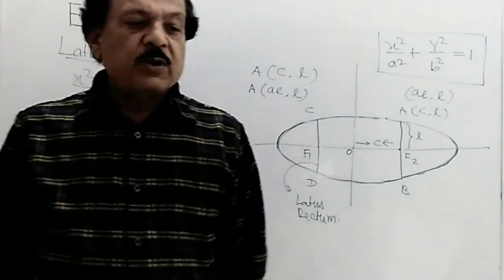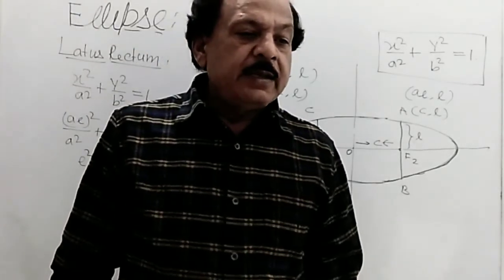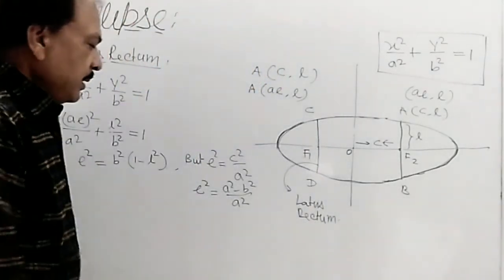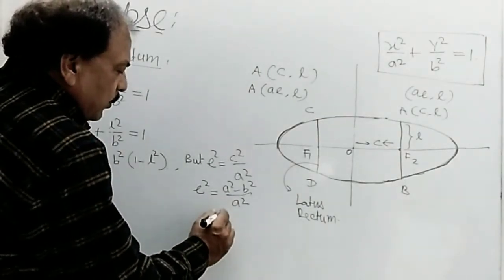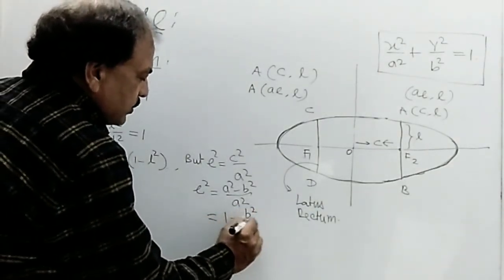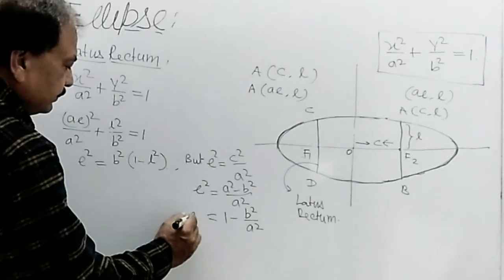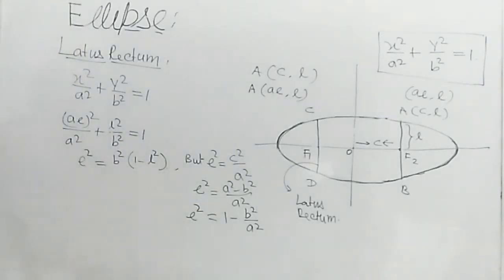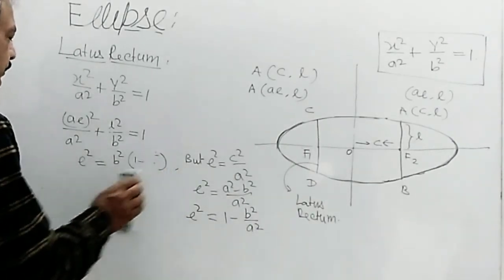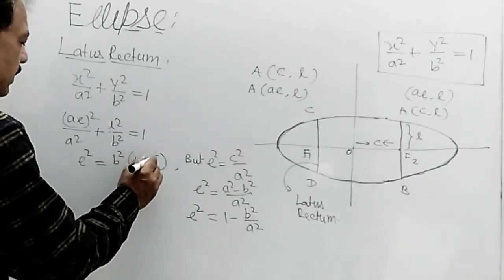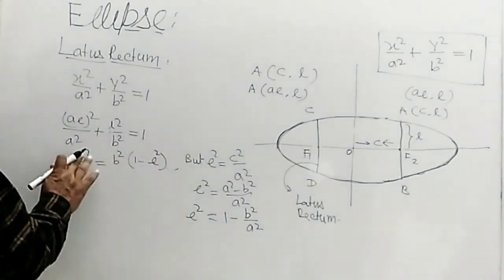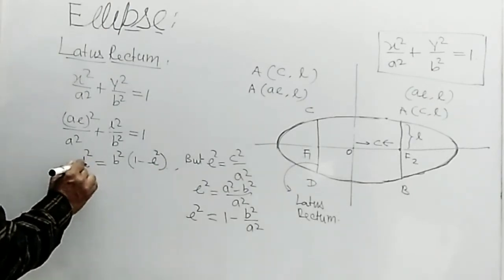So that is 1 minus b square by a square. So here you get this one, 1 minus e square, and this is L square.